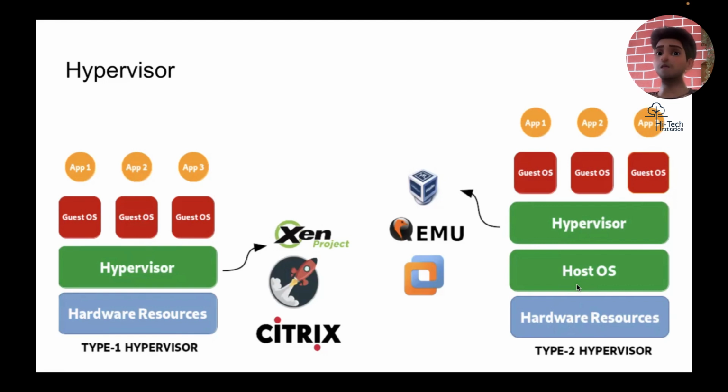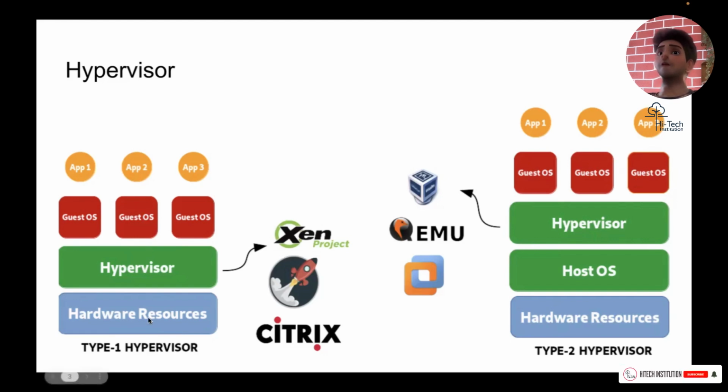You have the base hardware, for example your laptop, with Windows 7, Windows 10, Windows 11, whatever operating system. On top of it, you install the hypervisor, VMware Workstation or Oracle VirtualBox. On top of it, you create multiple VMs and deploy your application. So these two kinds of hypervisors are there.